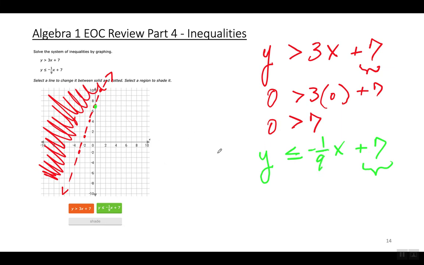All right, so the slope is negative, and the rise and the run is 1 over 9. So go down 1 and to the right 9, or up 1 and to the left 9. All right, and since it could be equal to, my line has to be solid.